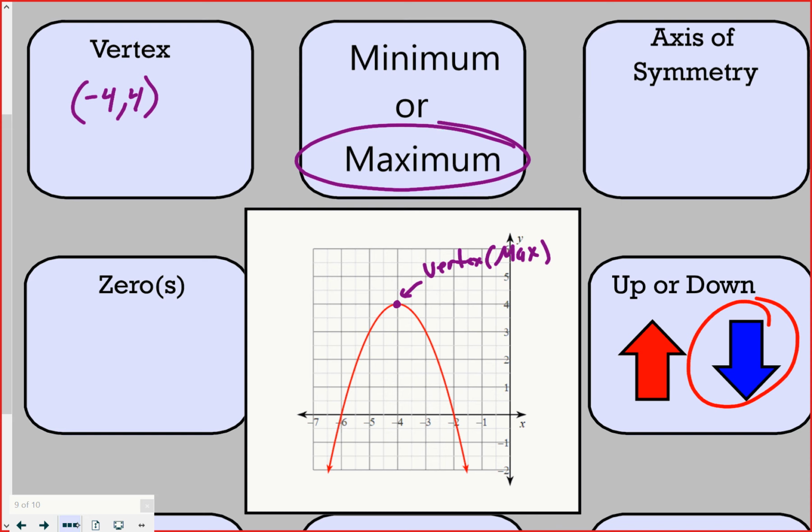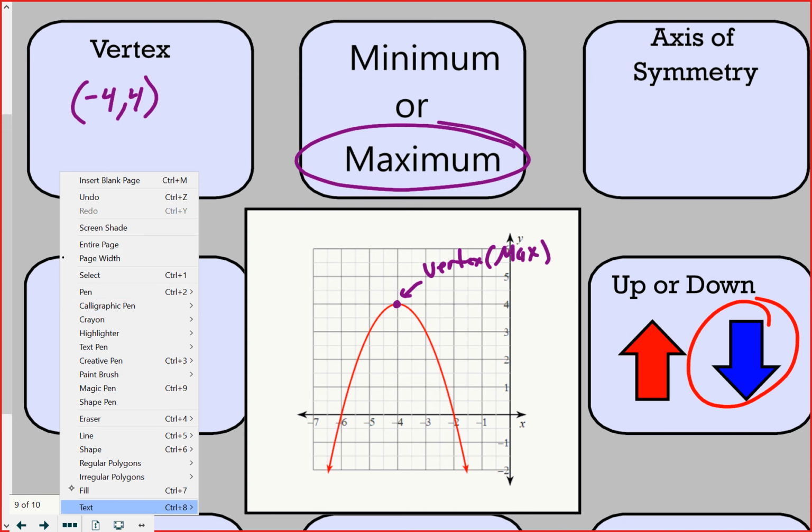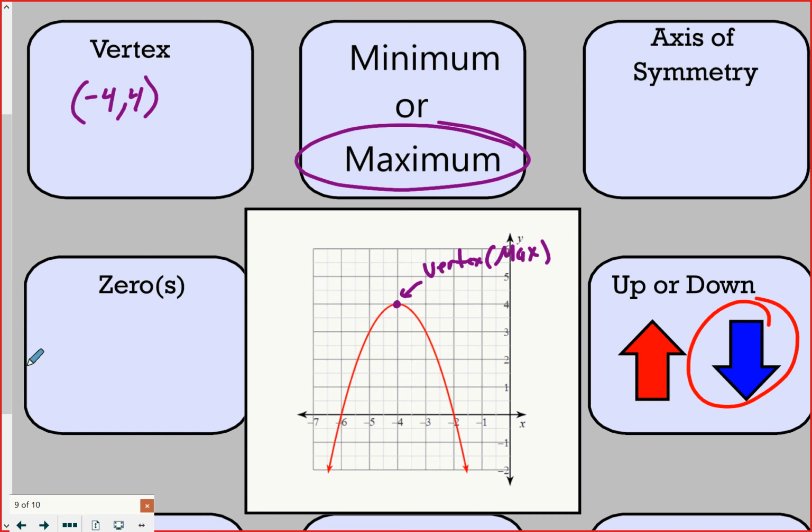And now the next piece is I want to be able to identify my axis of symmetry. So once again, my axis of symmetry is the line that divides my graph in half. So I'm going to go ahead and draw my imaginary line right down the middle, and I'm just going to label it so that I know that this is my axis of symmetry.